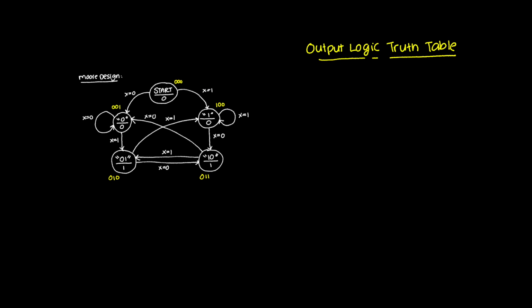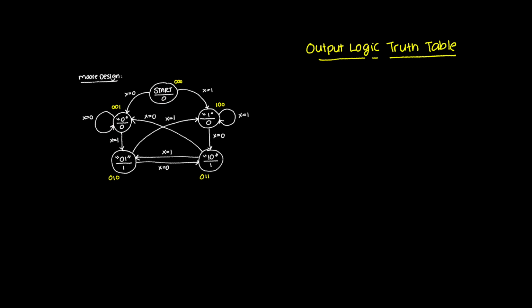So my transitions from state to state, represented by the arrows in my state transition diagram, are determined by, firstly, what is the present state, what state am I in, and also what is my input X. But my outputs are dependent only on what state I'm in. This is a Moore machine.